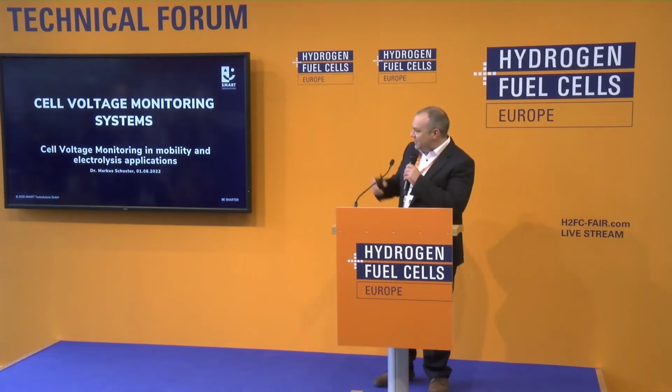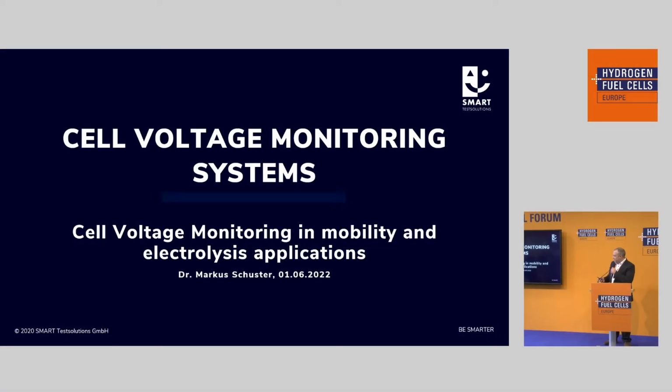Okay, hello to everybody. I'm happy that I can speak here today to you. As the subject is already mentioned here, I'm talking about cell voltage monitoring systems. That is a necessary tool for electrochemical systems such as fuel cells, electrolyzers, and so on.